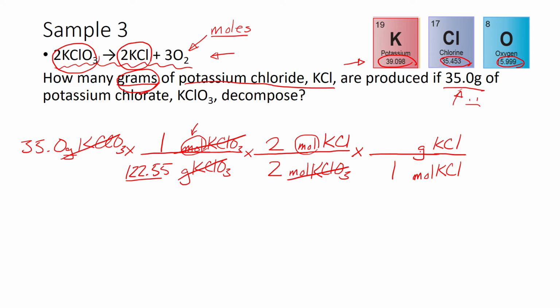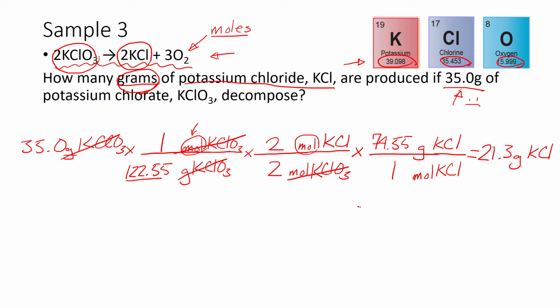And doing a little math ahead of time, I know that there are 74.55 grams for every 1 mole of potassium chloride. Fine. So let's do a little bit of math. And I got 21.3 grams of potassium chloride.